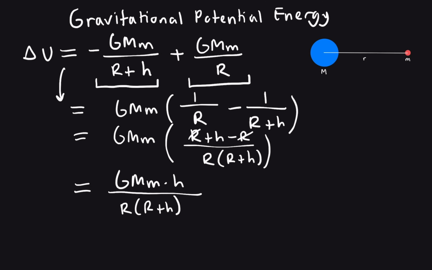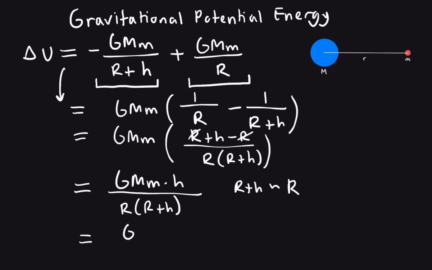Now, this formula mgh is only really correct to use when you're close to the Earth's surface. So when you're close to the Earth's surface, r plus h can be approximated to just r. h is extremely insignificant in relation to the radius of Earth, which is normally the situation where you're going to be using mgh.